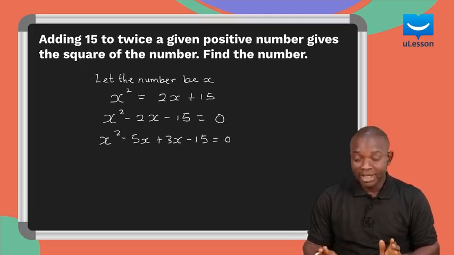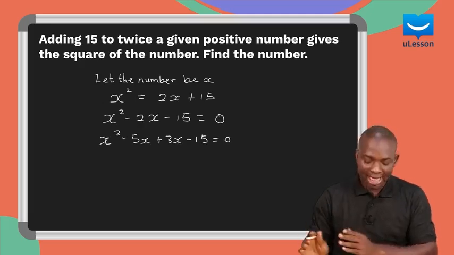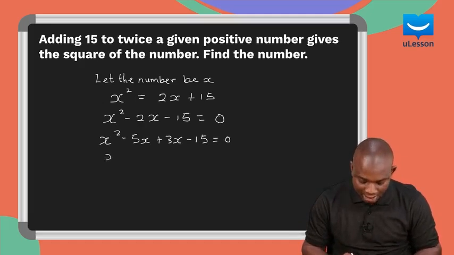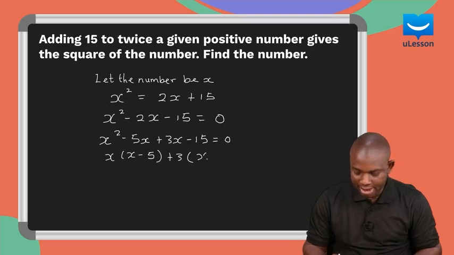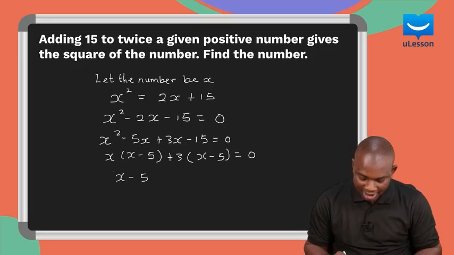And then factorizing the first two terms and the last two terms, we now have x bracket x minus 5 plus 3 bracket x minus 5 equal to 0. Going further, we have x minus 5 times x plus 3 equal to 0.